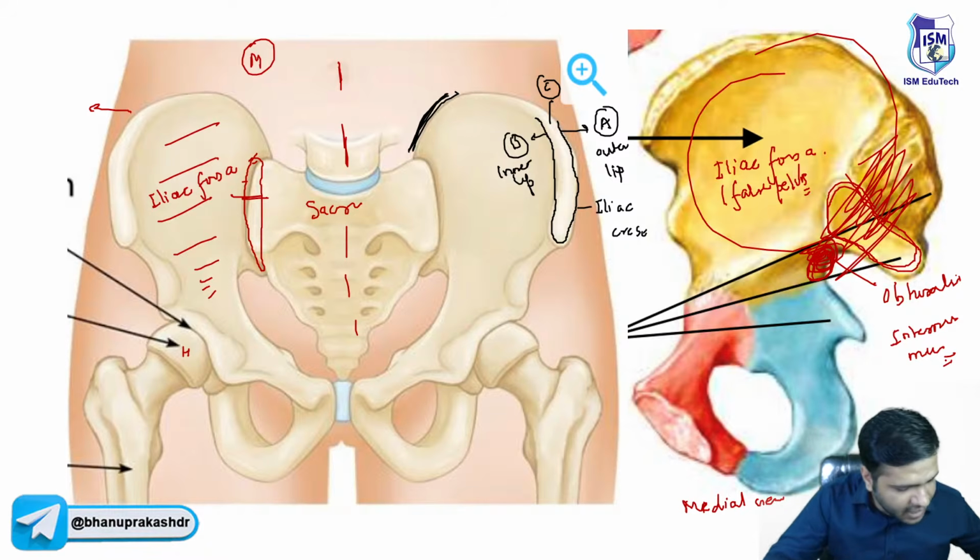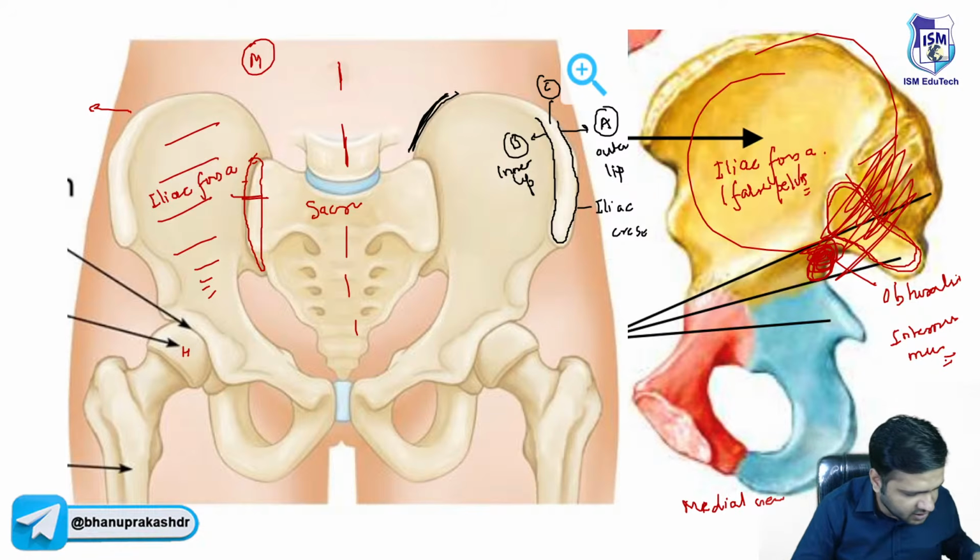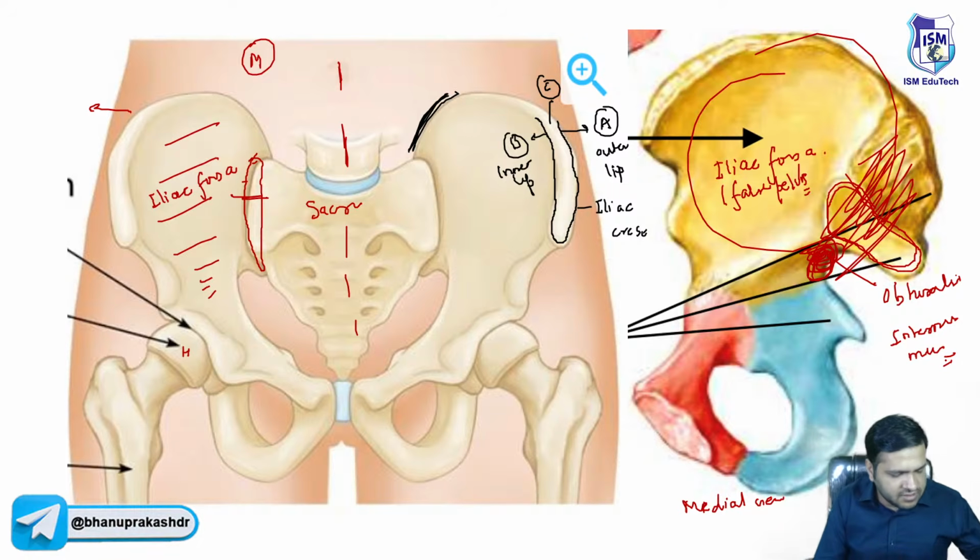Now, if I ask you, I want the answers from everyone. Which border divides the iliac fossa and the sacropelvic surface? Yes, it is the medial border.